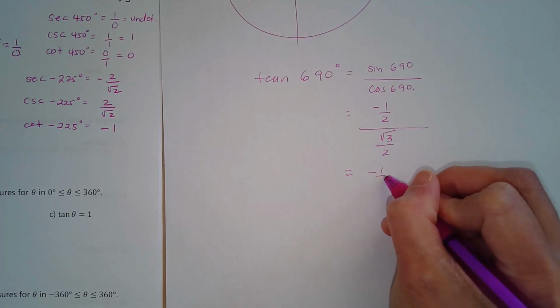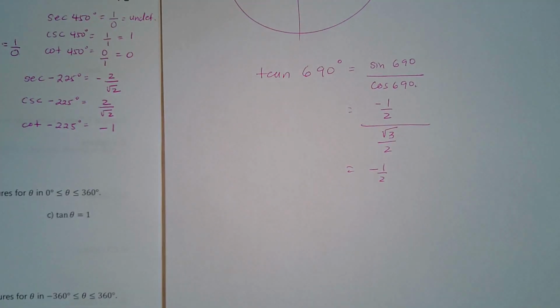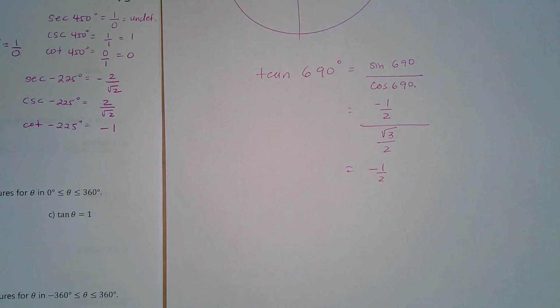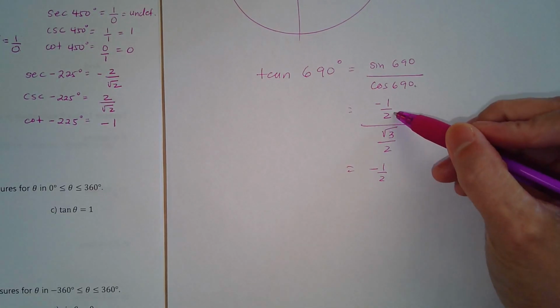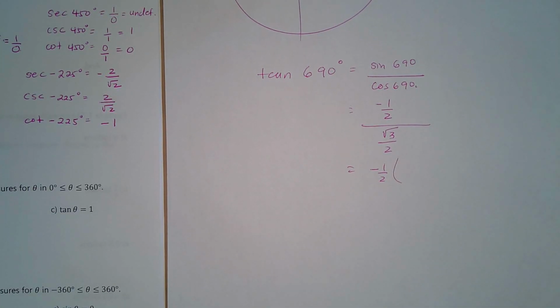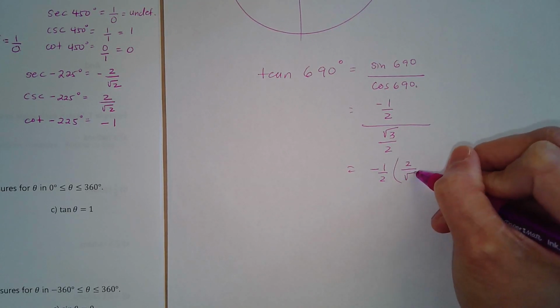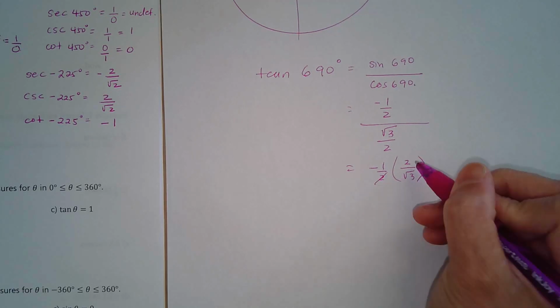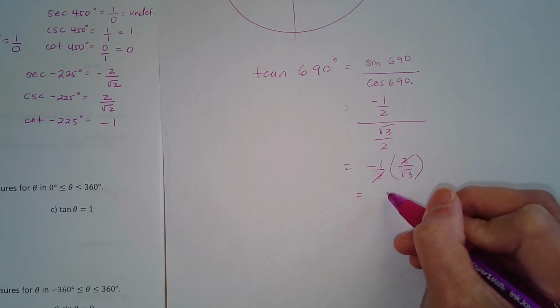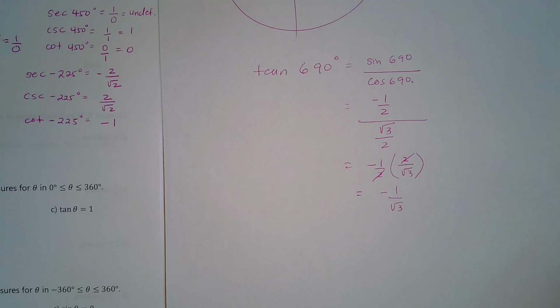So negative 1/2. When you're dividing, this is called a complex fraction because you have a fraction within a fraction. It's the same thing as multiplying by the reciprocal. You know this from way back when. So it's going to be 2 over root of 3. So the 2s cancel, and then we're left with negative 1 over root of 3. Okay?